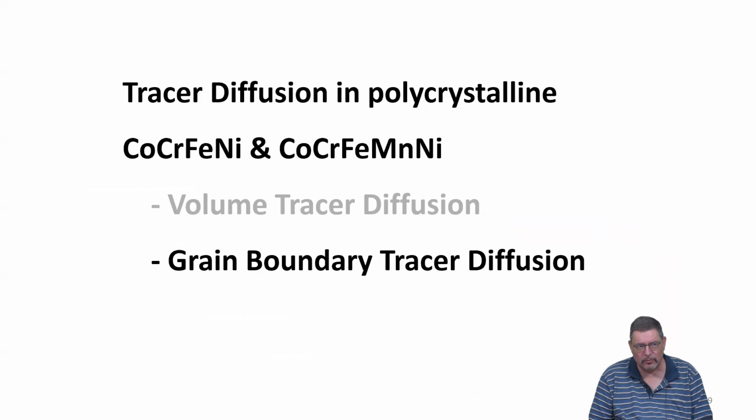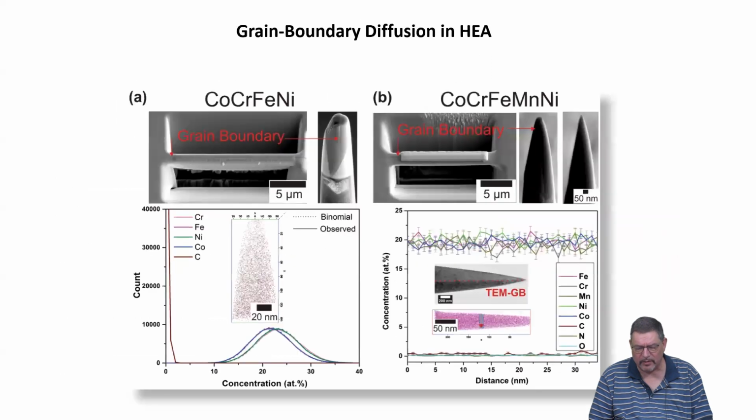So let's look at the results of grain boundary tracer diffusion. Again, we go back to our 4-component and 5-component alloy. We basically look at concentrations and whether we have grain boundary segregation or not. For this, we use focused ion beam to cut thin lamella and do TEM investigations, or we use the same method to produce these sharp tips here, and then do atom probe tomography.